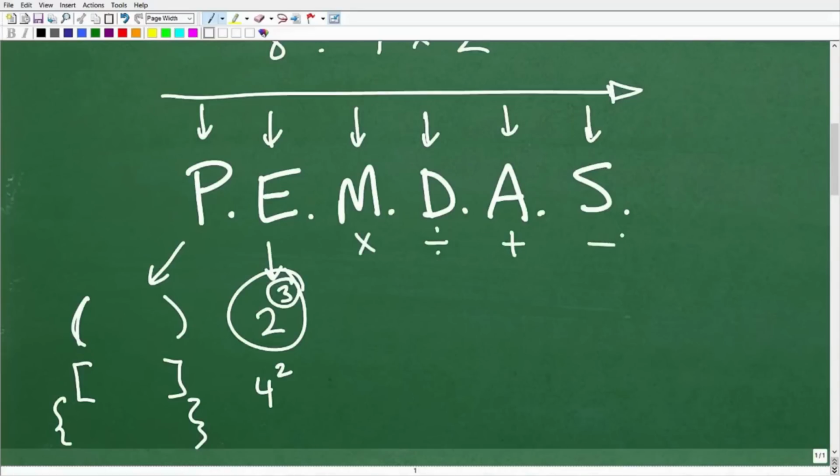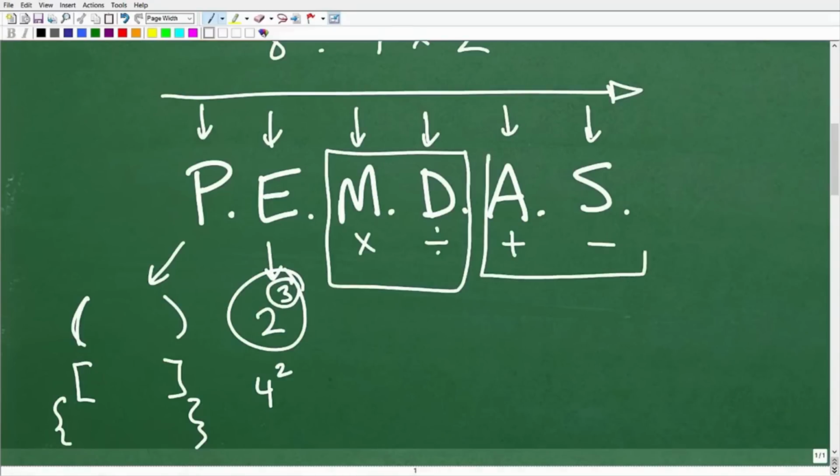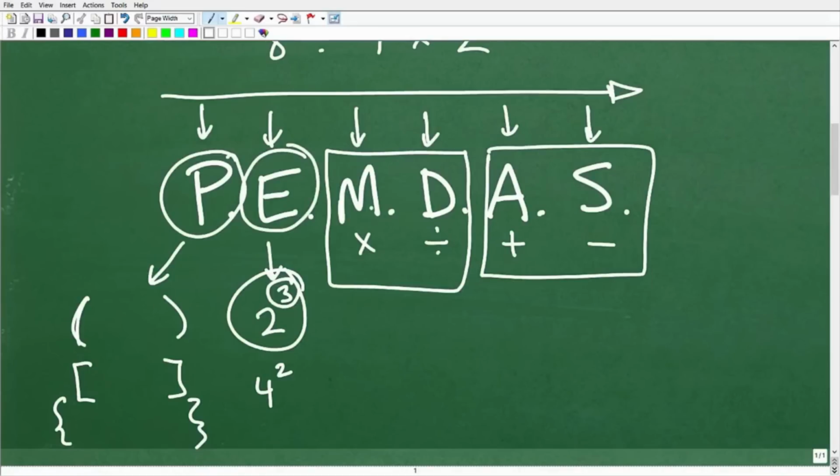Now, this is probably one of the big areas where students get confused on PEMDAS. We need to look at multiplication and division and addition and subtraction kind of as little bundles here. So we have P by itself, E by itself. Now, multiplication and division. What we're going to do here is we're going to multiply and then divide, or we're going to divide, then multiply, whatever we see first from left to right.